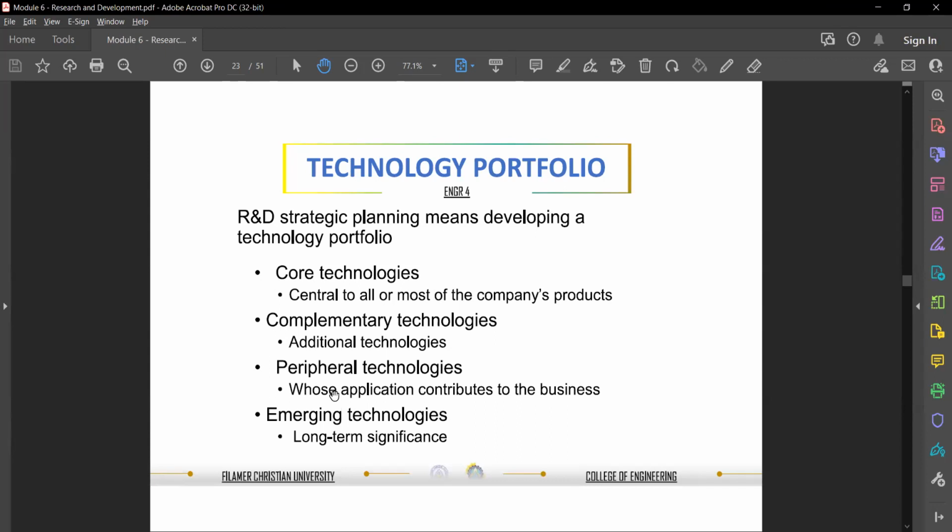And we have the peripheral technologies whose application contributes to the business. And of course, the emerging technologies. So this is yung future-proof nyo na, or this is the long-term significance of your technology or products.